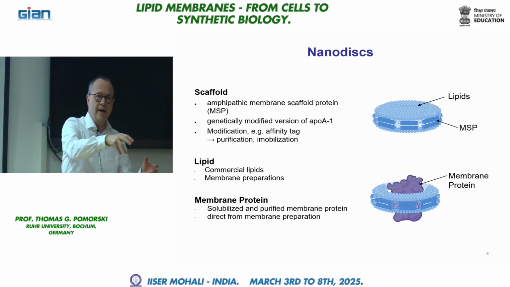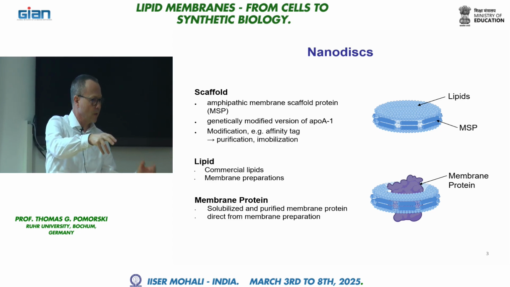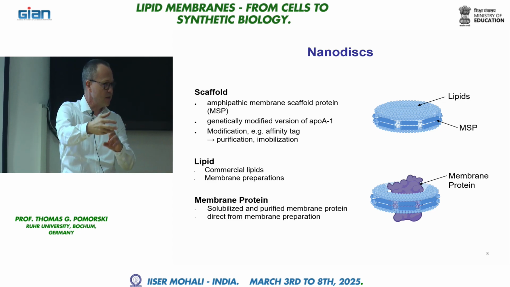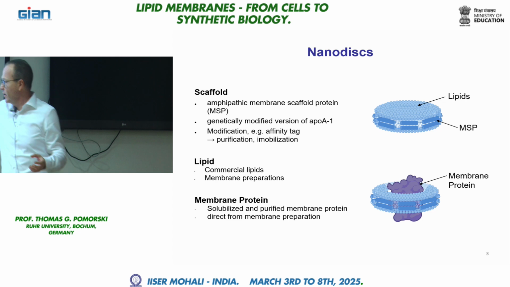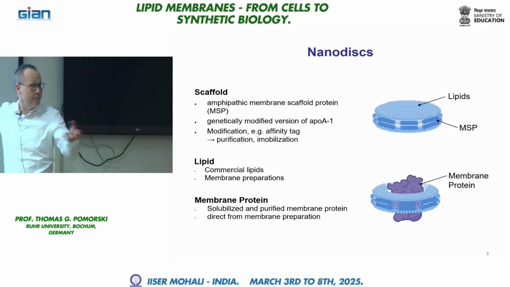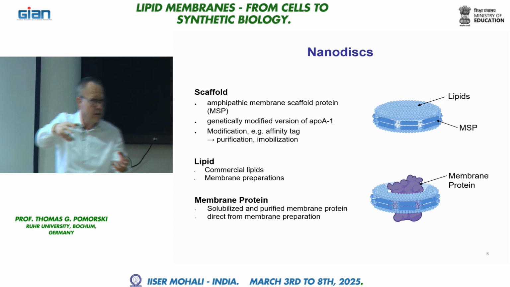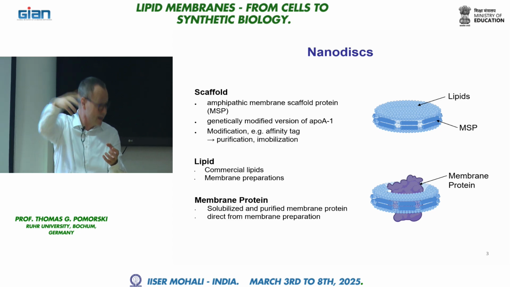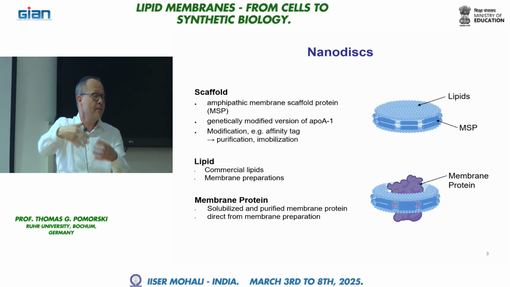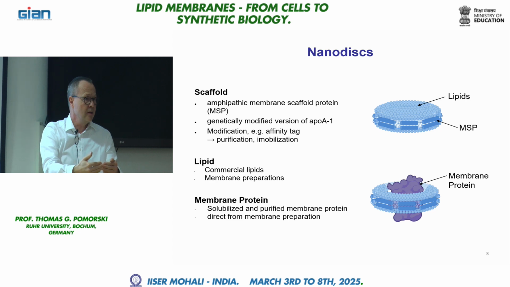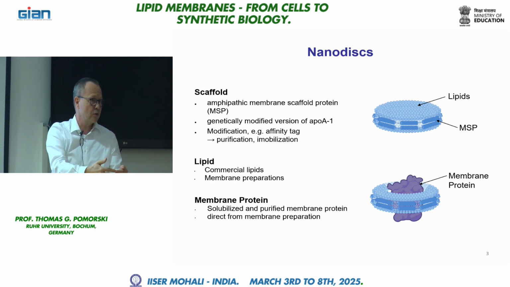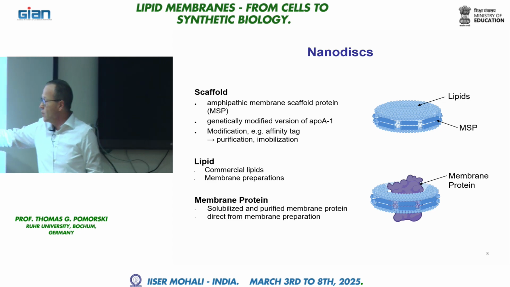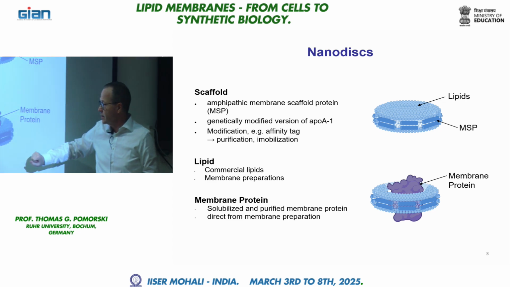The hormone can bind, and then you can study whether the interacting protein also binds or not, whether the receptor becomes active or not. You can already think about it. If you now add an inhibitor, you can test whether this protein still binds, or whether my ligand still binds. So maybe in this way you already have the ability to screen for inhibitors. There's quite a number of advantages of using this system.